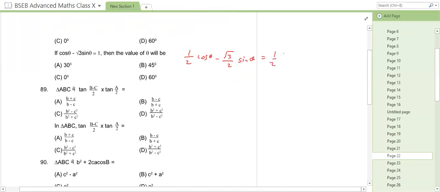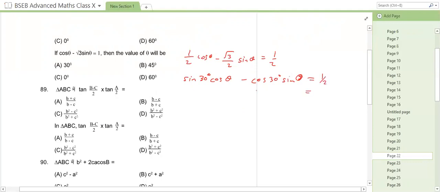It's just manipulation. Half we can start off with sine, so you can say sine 30 cos theta minus cos 30 sine theta is equal to half.